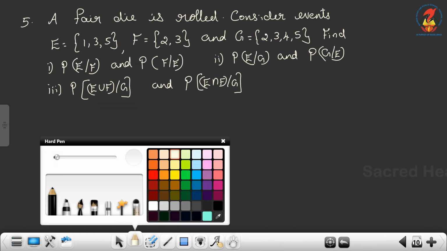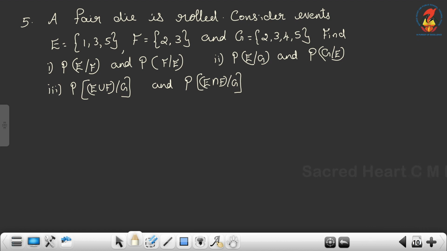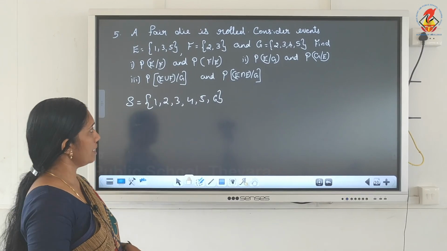Fair die means how many outcomes are there? 1 to 6. 4, 5, 6. These are events. E, F, G are subsets of the sample space. That's why they are events.